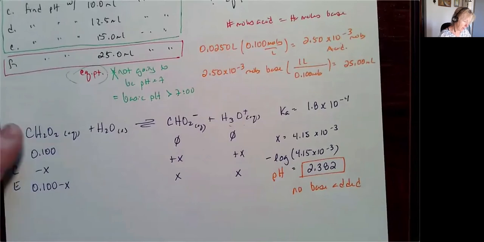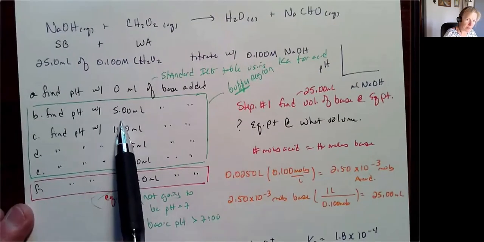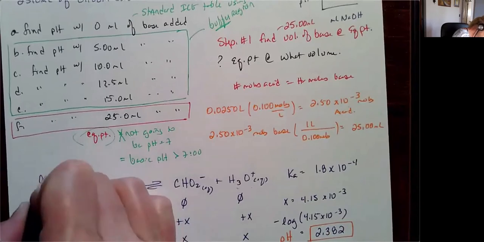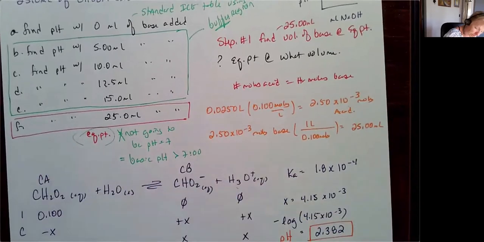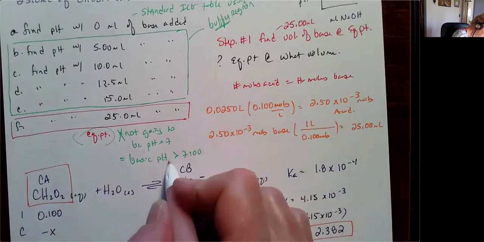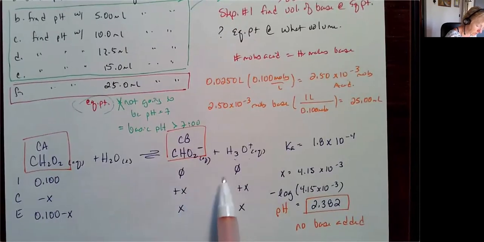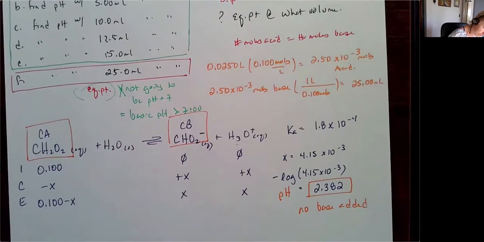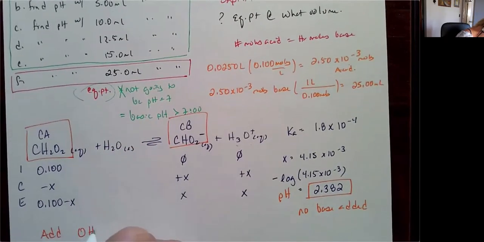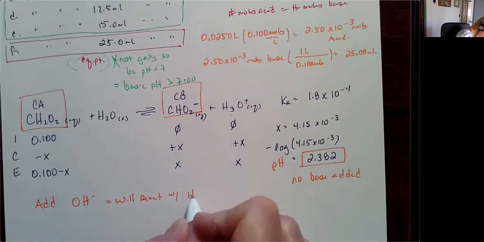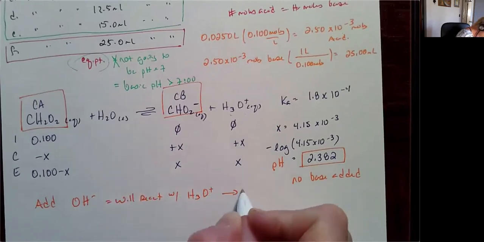All right, now once I start adding in base, I have a scenario where I have conjugate acid and conjugate base present, and I'm going to have a small amount of buffering happening. When I add in base, it's going to react with this and shift my equilibrium this way. Once I start adding in hydroxide, the hydroxide is going to react with the H3O plus to form water.